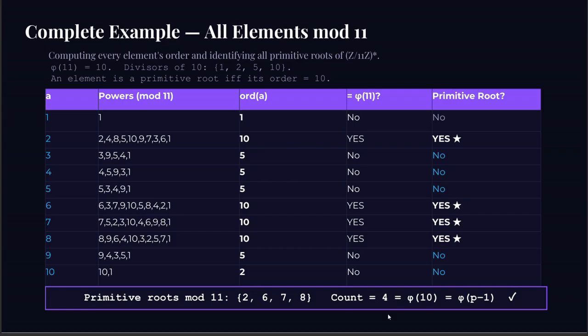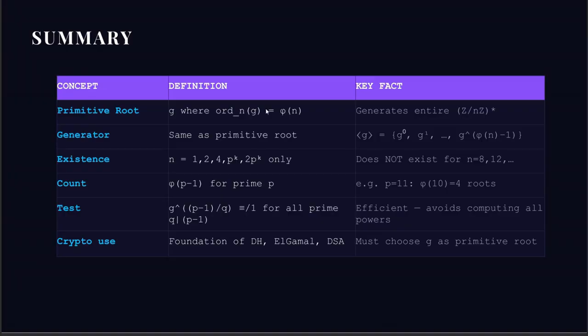So let's summarize the complete lecture. A primitive root is an element whose order in modulo n equals phi of n, which generates the entire multiplicative group. A generator is another name for a primitive root. It only exists for 1, 2, 4, p to the power k and 2p to the power k.